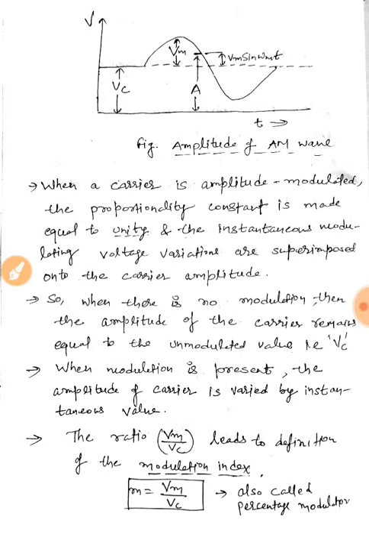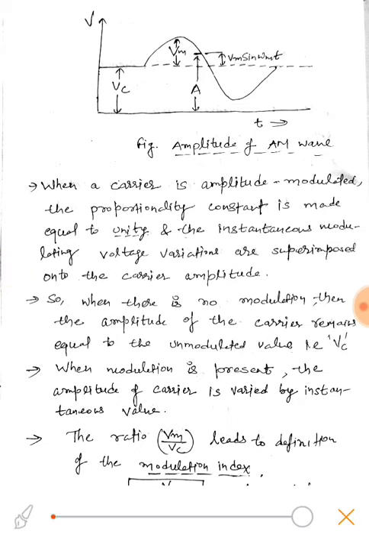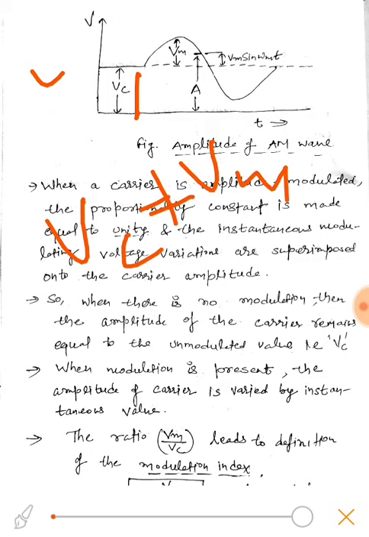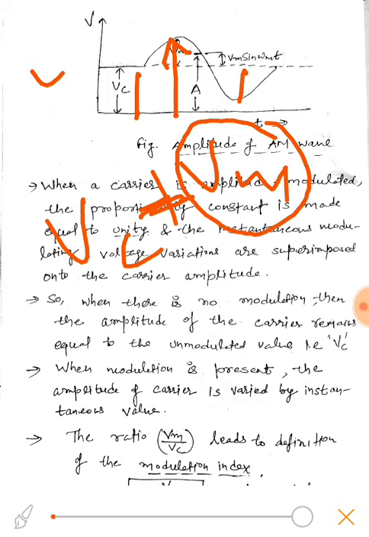The amplitude of the final modulated wave will look something like this. In this figure we can see, if this is the magnitude of the carrier, then it can vary up to Vc plus Vm, because the maximum value of the message is Vm, and it can vary down to Vc minus Vm, which is this value.